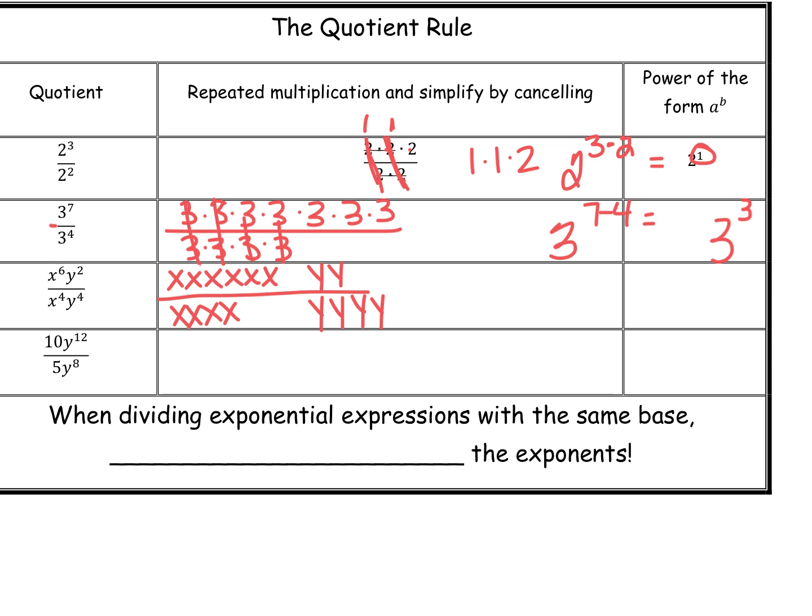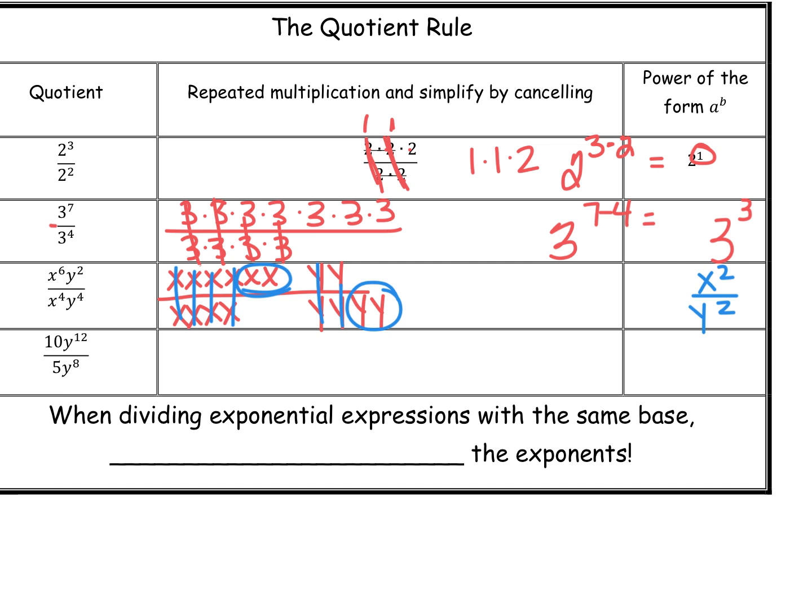So remember, anything divided by itself, be it number or letter, simplifies to be 1. And I can see I'm left with 2 x's on the top, so there's my numerator, x squared. And I have 2 y's on the bottom. So now my denominator is y squared.